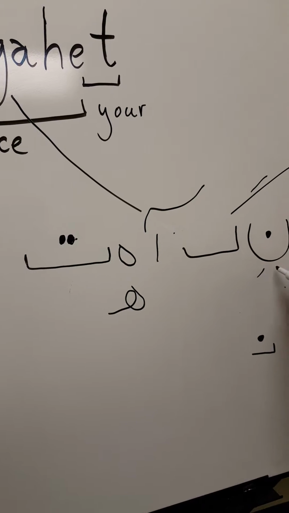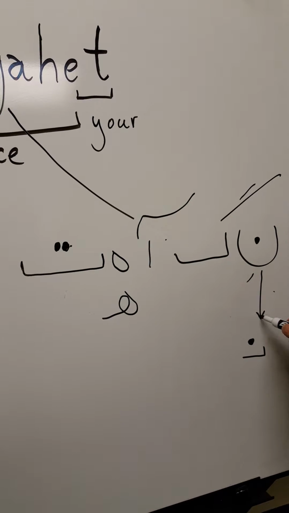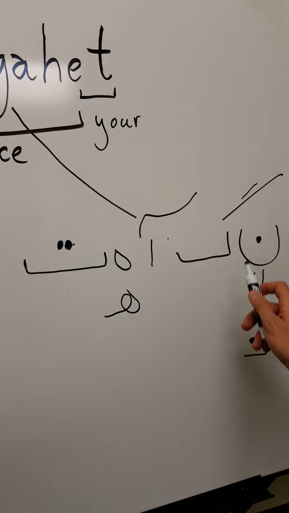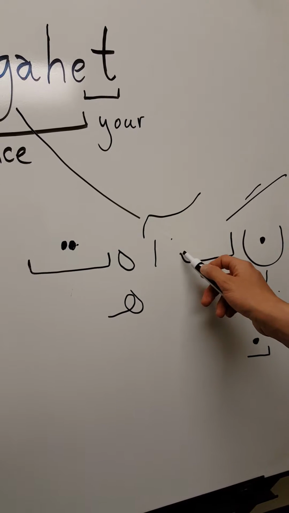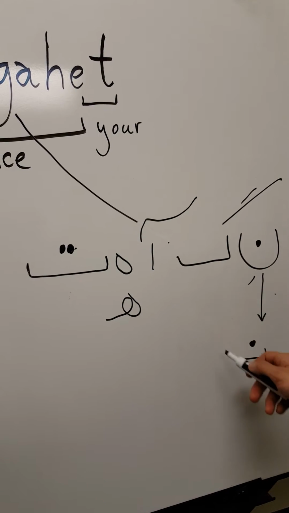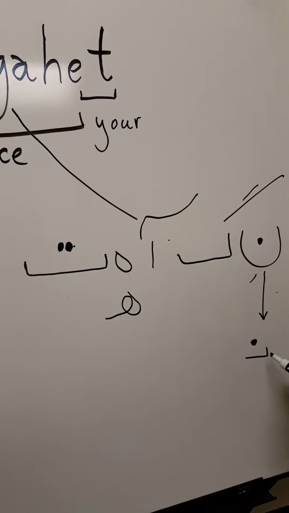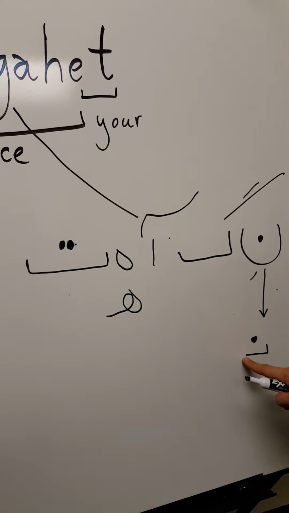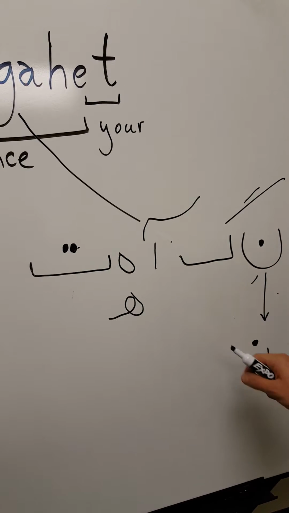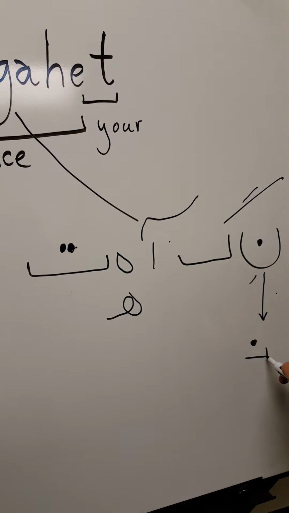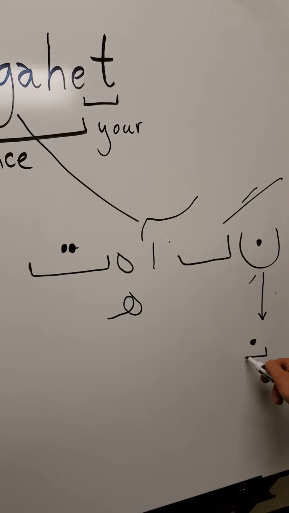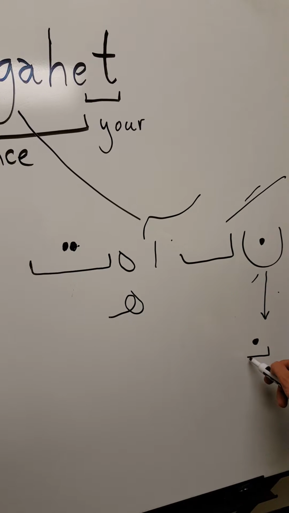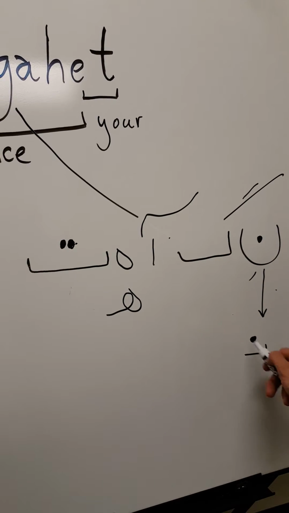So the letter N, if you want to attach it to another alphabet in Farsi, you have to change the form. I said before, in order to attach one letter to the other, they wanted it to be in a straight line, and it has to have an open end.